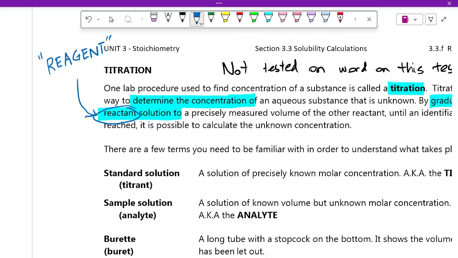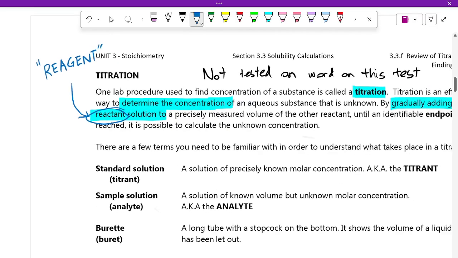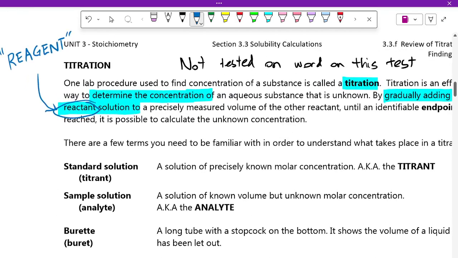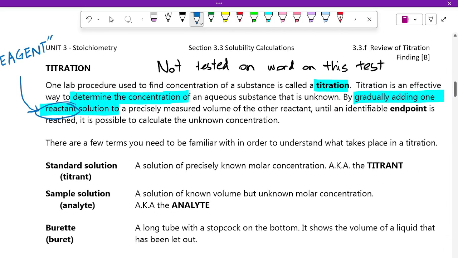By gradually adding one of the reagents to a precisely measured volume of the other reagent or reactant, we are going to reach an end point. The end point is when the reaction is perfectly complete and there is no excess of reactant A and no excess of reactant B.